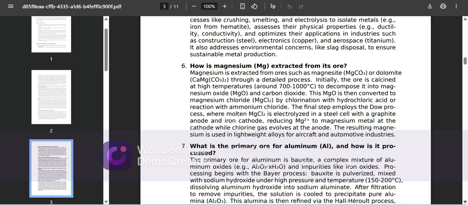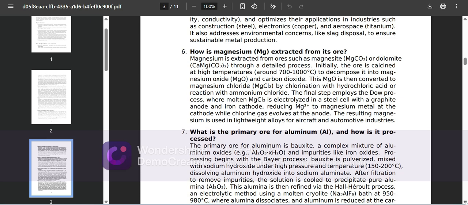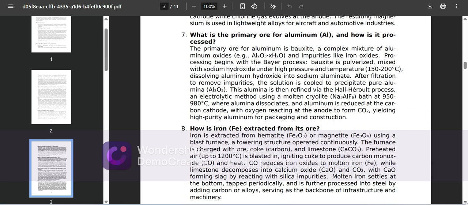The final step employs the Dow process, where molten MgCl2 is electrolyzed in a steel cell with a graphite anode and iron cathodes, reducing Mg2+ to magnesium metal at the cathode while chlorine gas evolves at the anode. The resulting magnesium is used in lightweight alloys for aircraft and automotive industries.